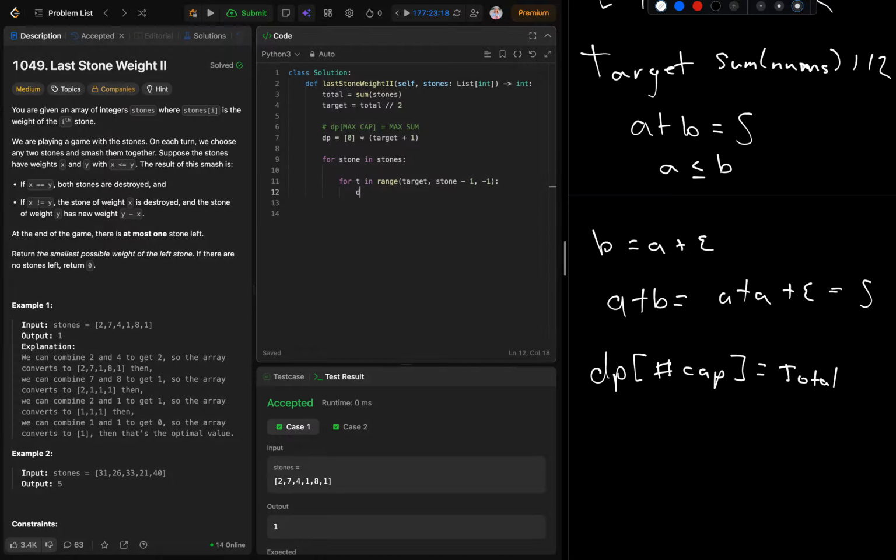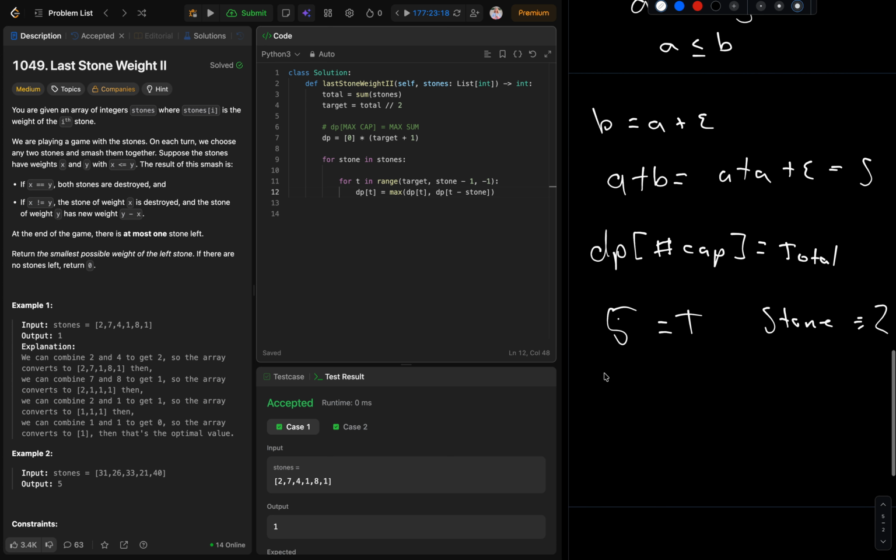Okay. So our DP at the target will equal the max of DP of target. We're comparing the two. So to get to our target point, let's say our target was 5 and our stone was 2.